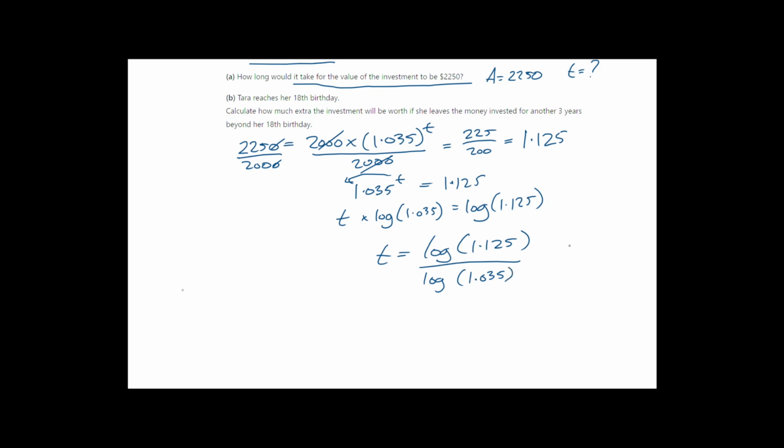So just as a side note, you cannot say that that's the log of 1.125 over 1.035. You could say that, but you would be wrong. You've got to do them both at the same time. So let's do it now.